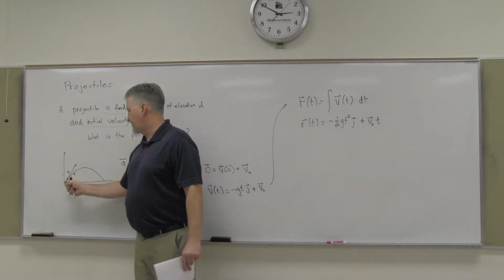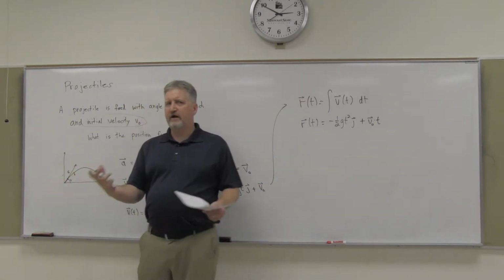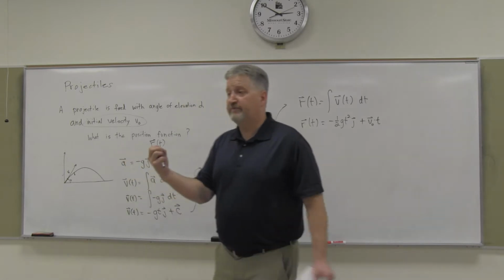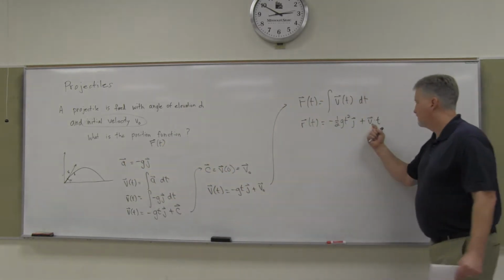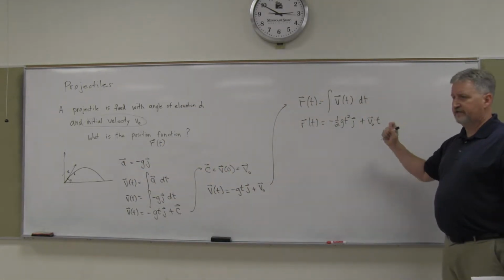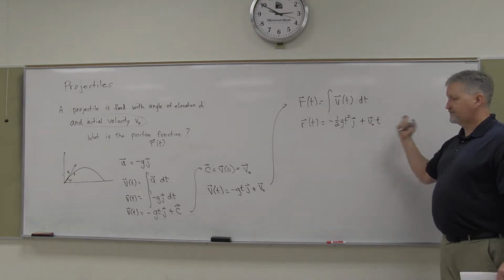If we're given the initial velocity and the angle alpha, we can figure out the i and j components, but it's just going to be a number. So as far as i and j go, you've got a number, so you multiply by t.